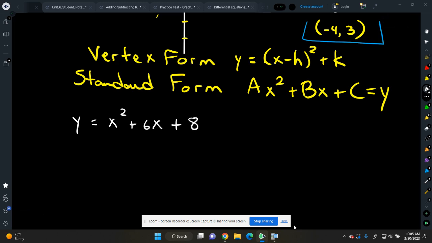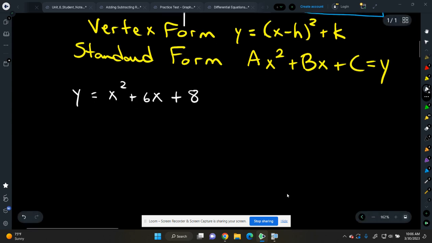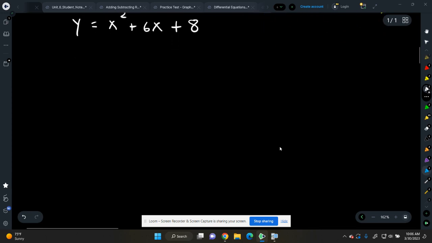This is standard form. Now, we can't look at it and just determine the vertex and the axis of symmetry by looking at it. What we can determine, though, is where it crosses the y-axis.